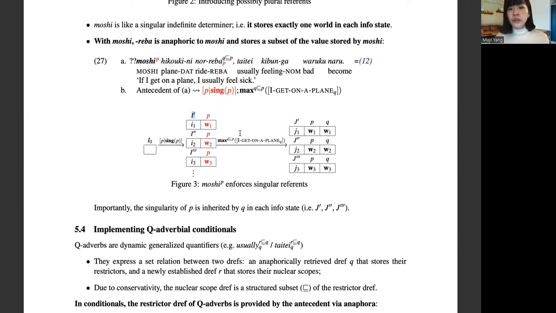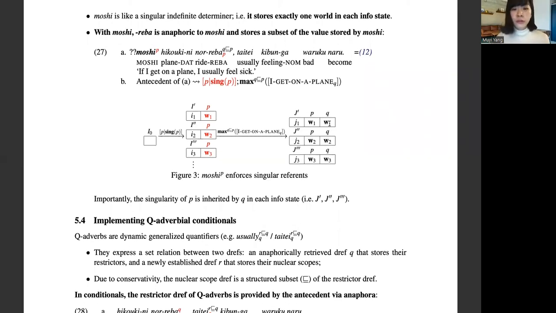And then we will introduce a new discourse reference Q to store the situations where I get on a plane. And importantly, because of the relation between the discourse references P and Q, the singularity of P is inherited by Q in each information state. So that's why on the right-hand side picture, with respect to each information state, J prime, J prime prime, and J prime prime prime, Q has exactly one value in each information state. And Moshi is responsible for that.